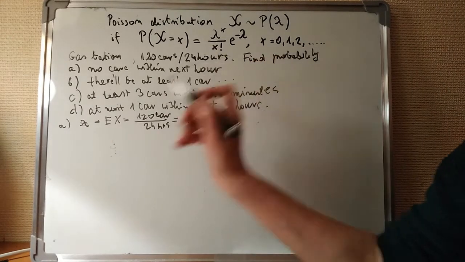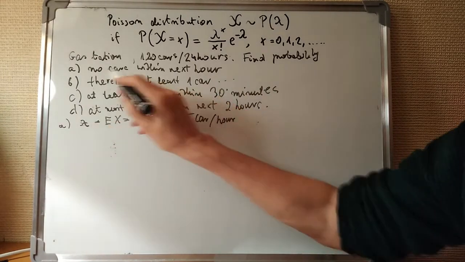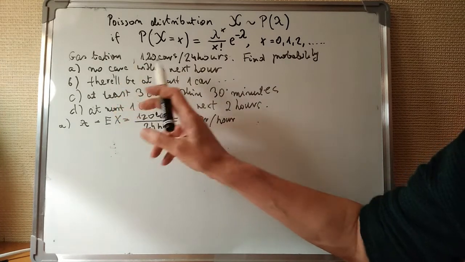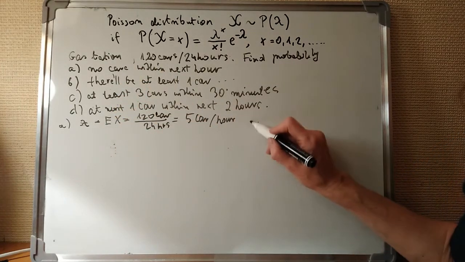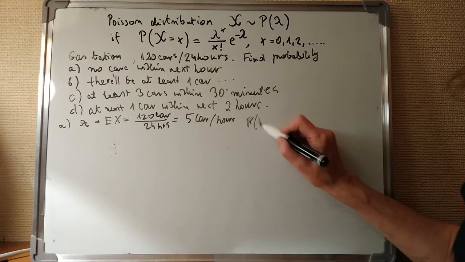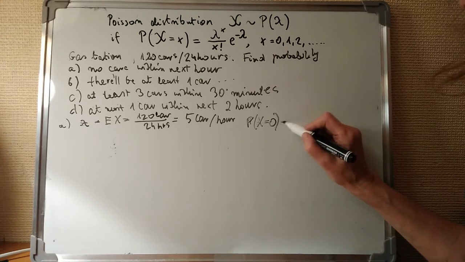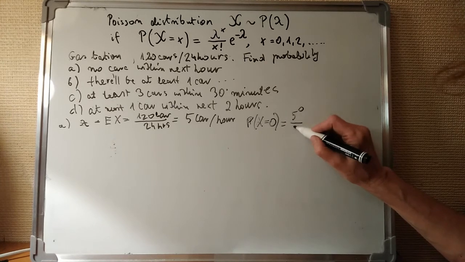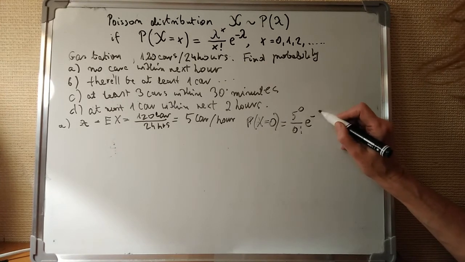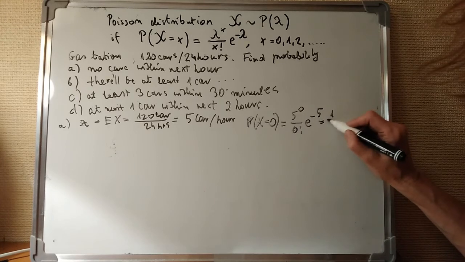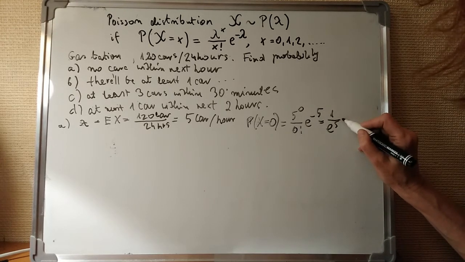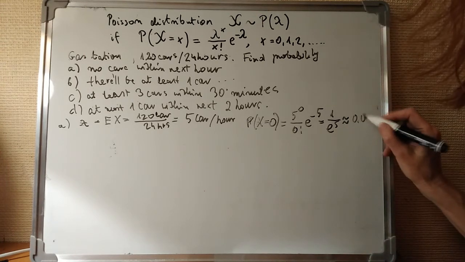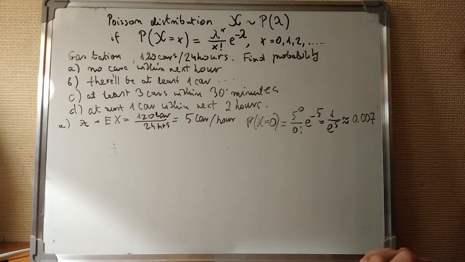So in this case we expect 5 cars. What's the probability there will be no cars? This is the probability that X will be 0. So this is 5 to 0 over 0 factorial e to minus 5, so 1 over e to 5. This is about 0.007.